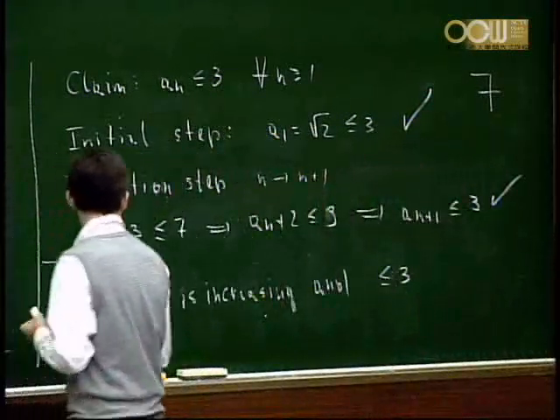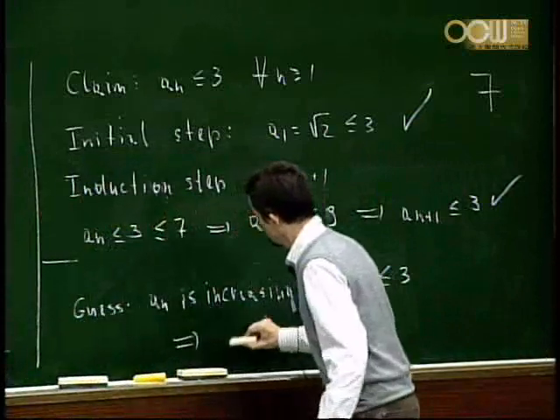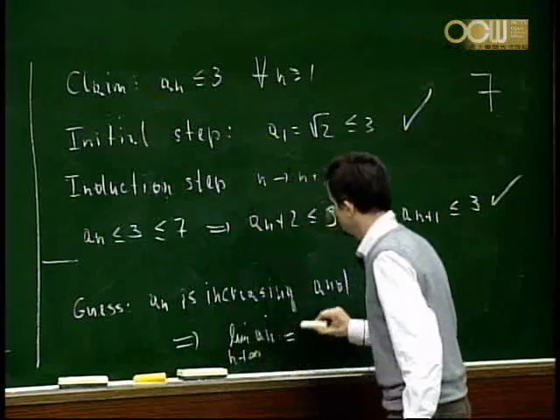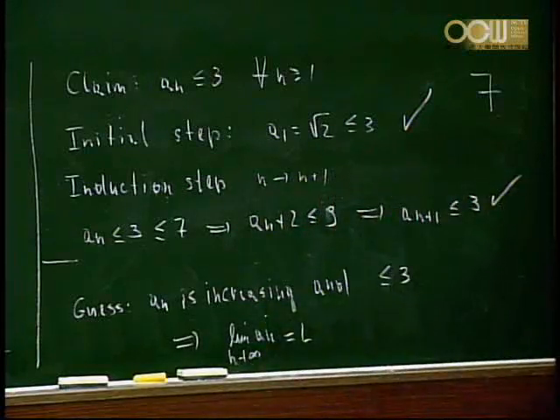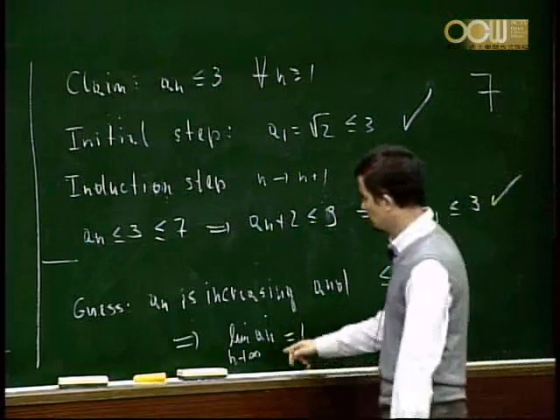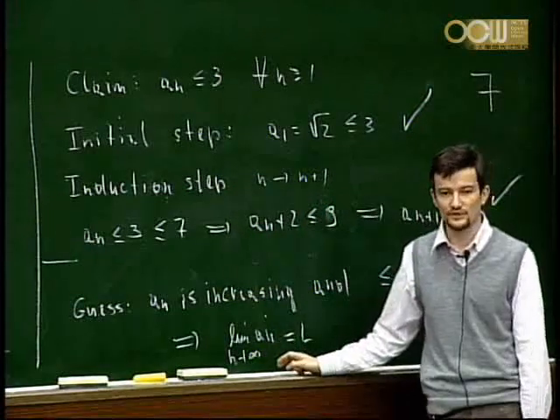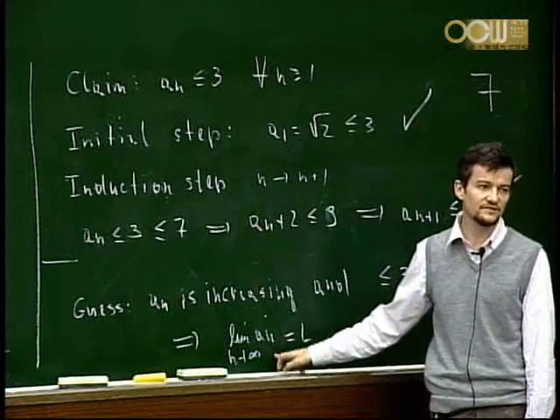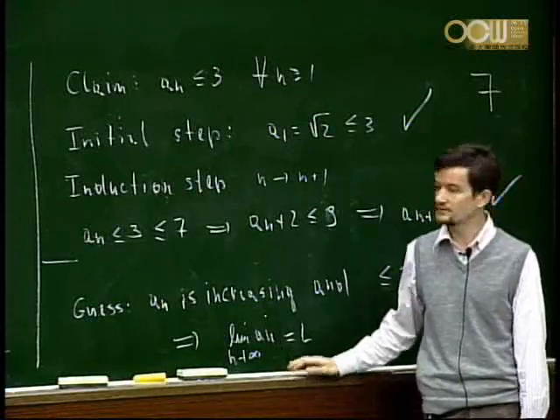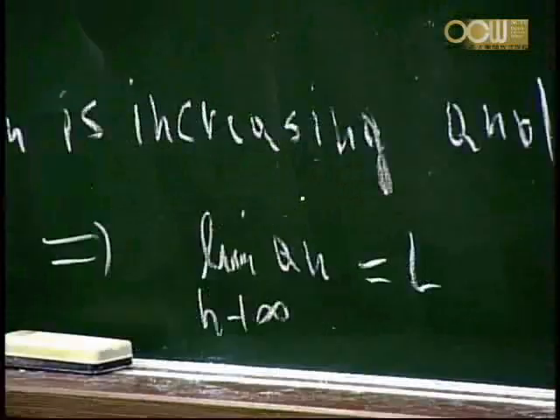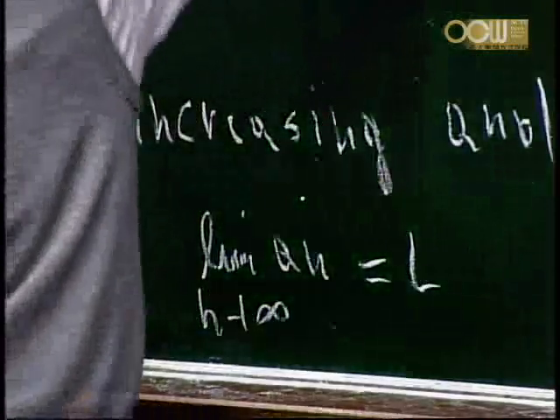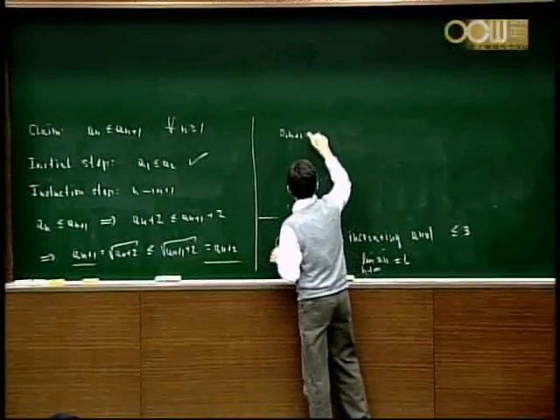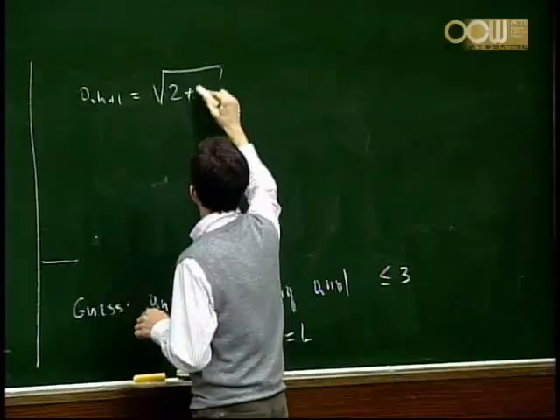From this, we can now conclude that the limit of a_n as n tends to infinity exists and is equal to some L. So the first step is always to prove the existence of the limit. The second step is then to compute the limit. We look at the sequence a_{n+1} equal to the square root of 2 plus a_n.